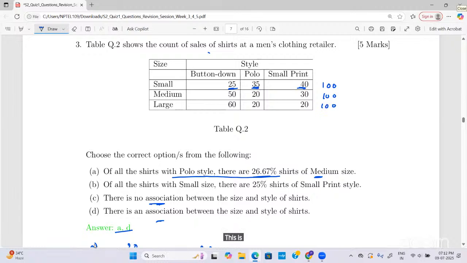This is also 100. Right? And here 135, 75, and this will be 90. So now we can calculate row relative frequency. Okay, that is easy to calculate. We just have to divide by 100.